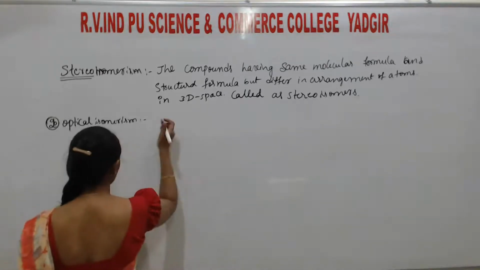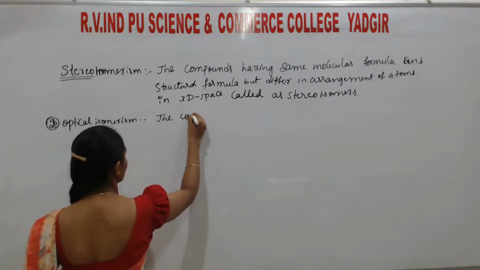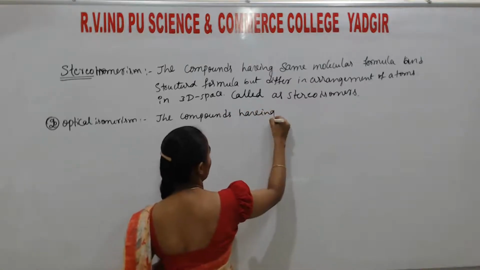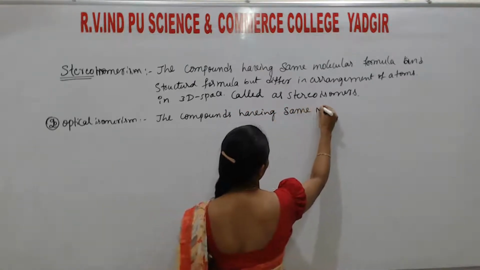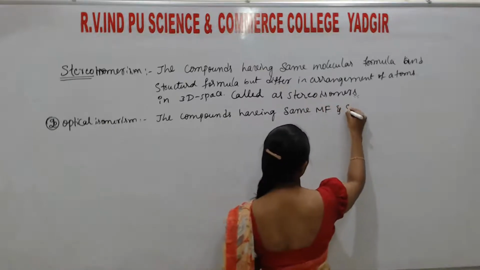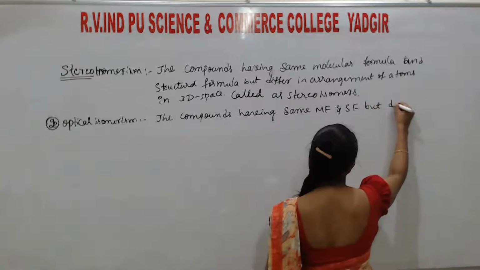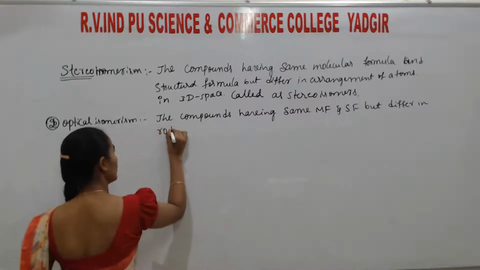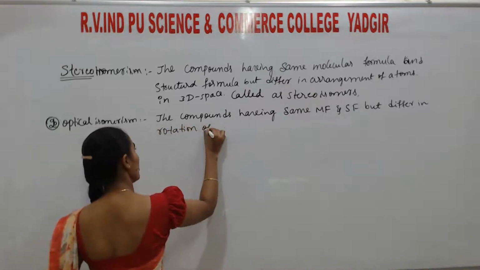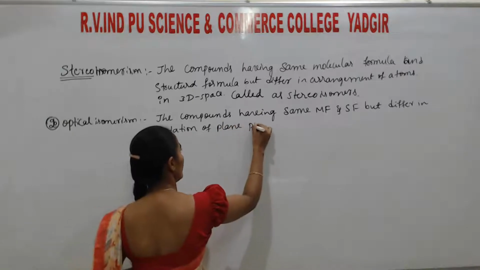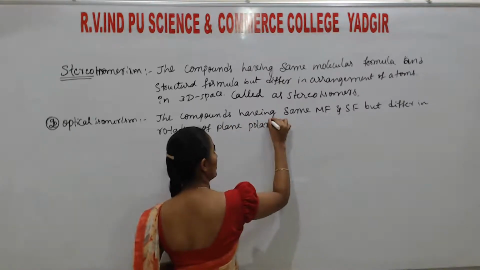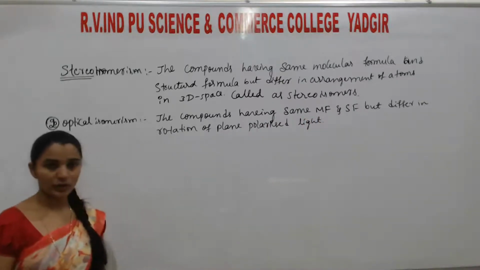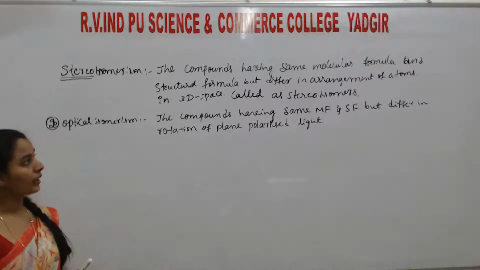So students, what is optical isomerism? It means the compounds having the same molecular formula and structural formula but differing in rotation of plane polarized light. Understand? Differ in rotation of plane polarized light.